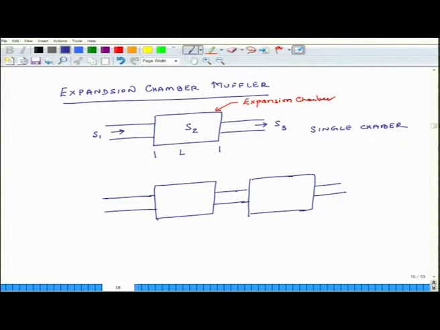Okay. So, this is a dual chamber design.